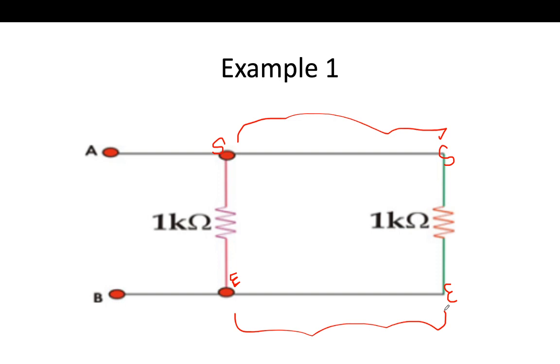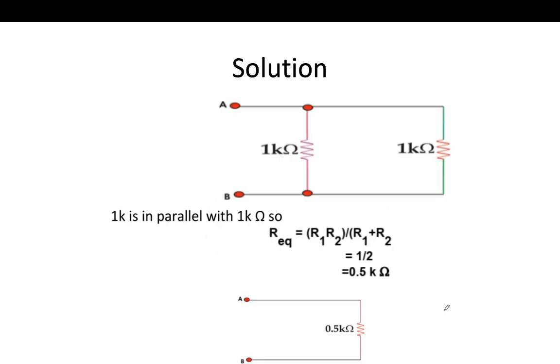So this means both resistors are connected in parallel to each other. So how will we solve that? We'll take the reciprocal. Both are 1 kilo ohm values. So 1 into 1 divided by 1 plus 1, that is 1 by 2, and the final answer is 0.5.